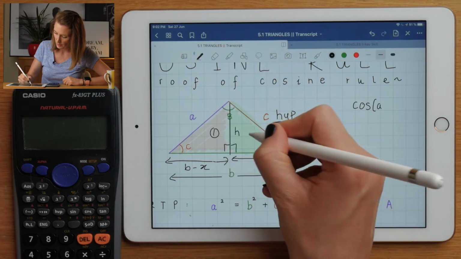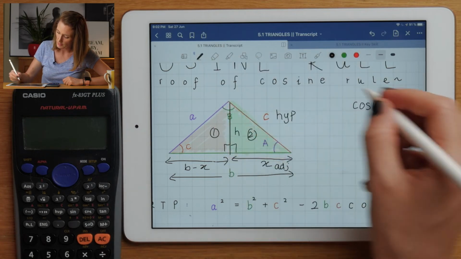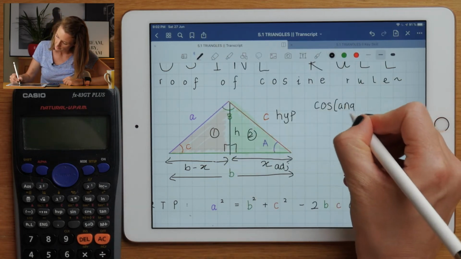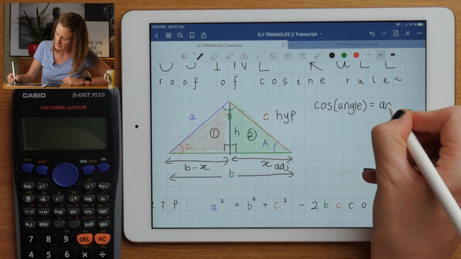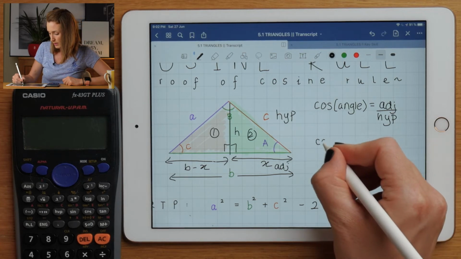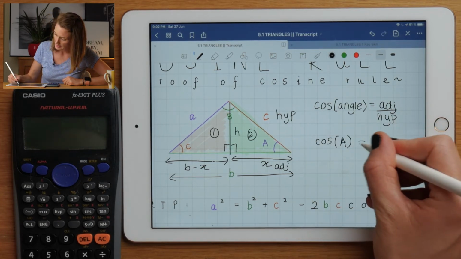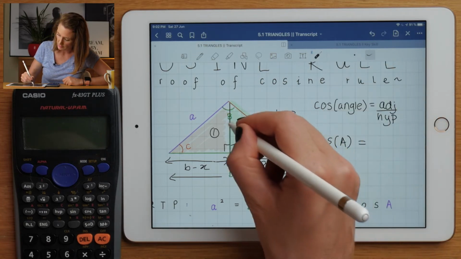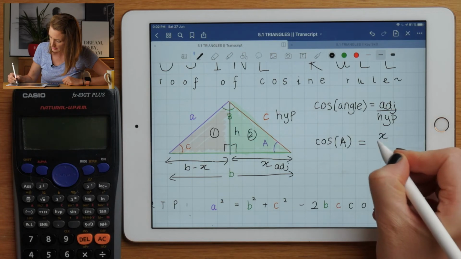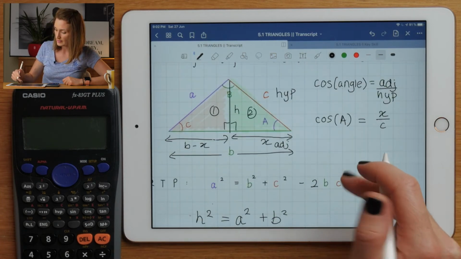So again, I'm working in triangle 2 now. I would say cos of the angle is equal to adjacent divided by hypotenuse. So in the green triangle, the angle is A, so cos A is equal to x, the adjacent, divided by c, the hypotenuse.